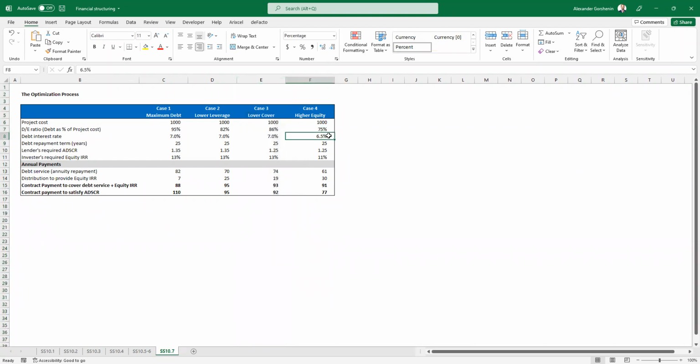What comes out? The total of annual debt service and distribution is now again pretty much the same figure, 91, below the previous case. So again, quite paradoxically, a substantial reduction of the leverage may reduce the contract payments.